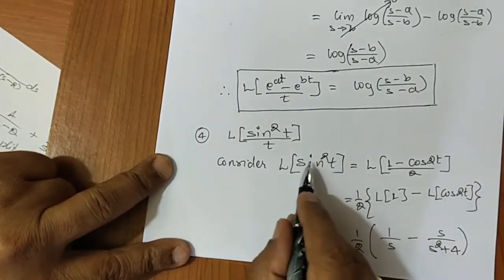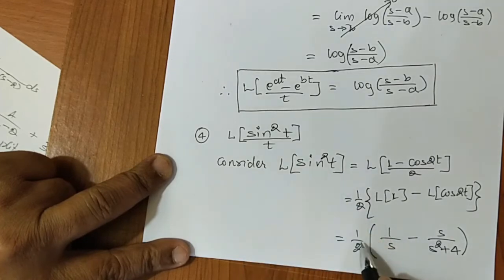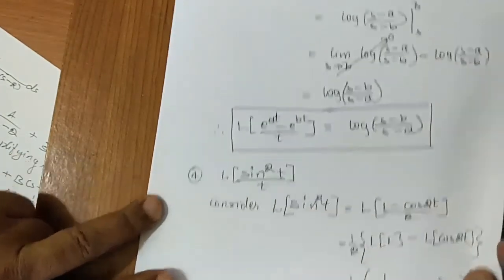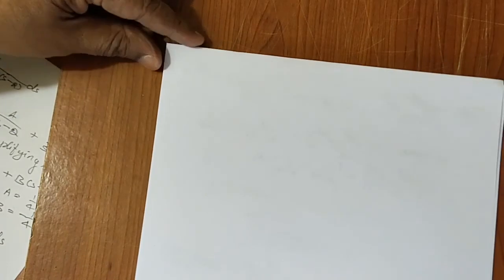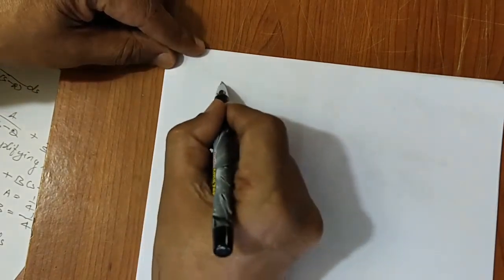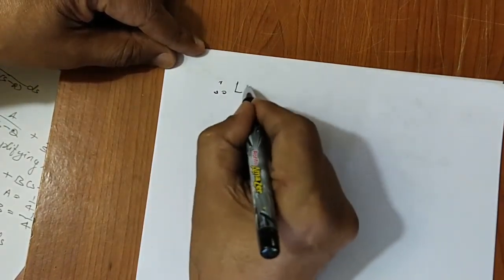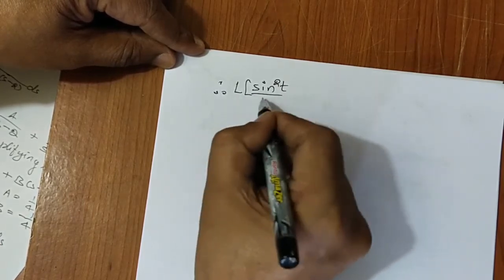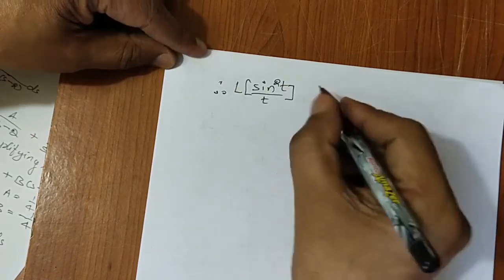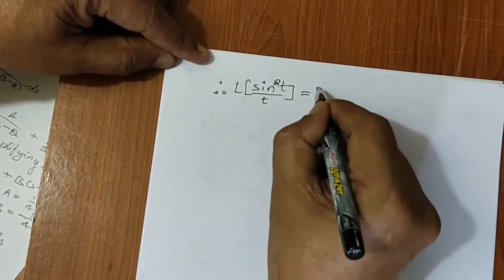So now I got L of sine squared t, which is half of (1 by s minus s over s squared plus 4). So now I have to find out L of sine squared t by t. Therefore, L of sine squared t by t, that is division by t, will be what?